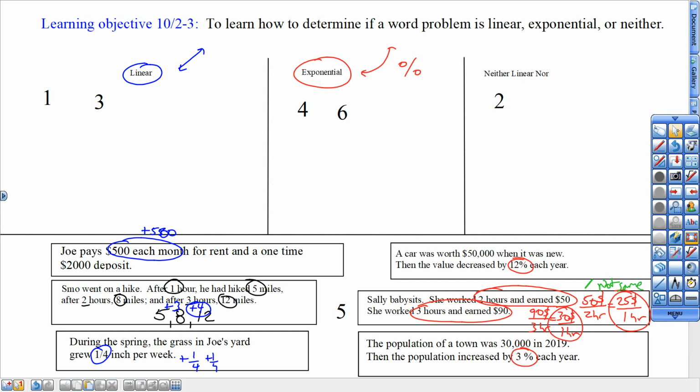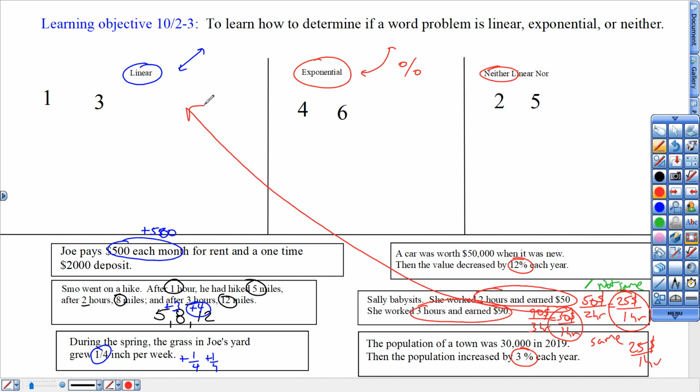I'm going to put this in the neither category because it's neither. If I would have had both divide and give me $25 per 1 hour, I would have then put that in the linear category, because, again, going up by the same. But because this problem did not go up by the same amount, I put that in the neither category.